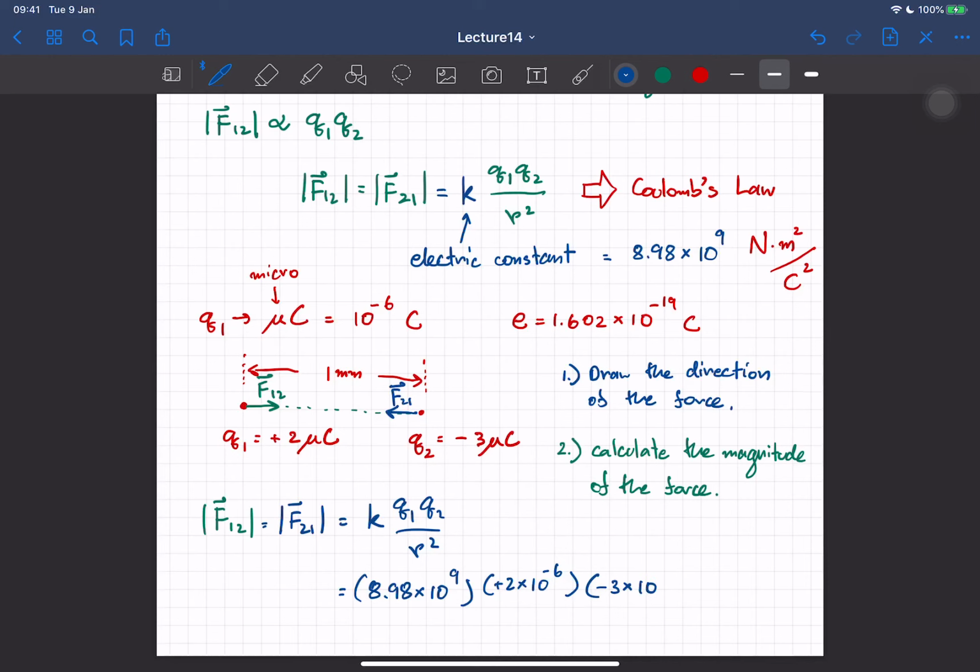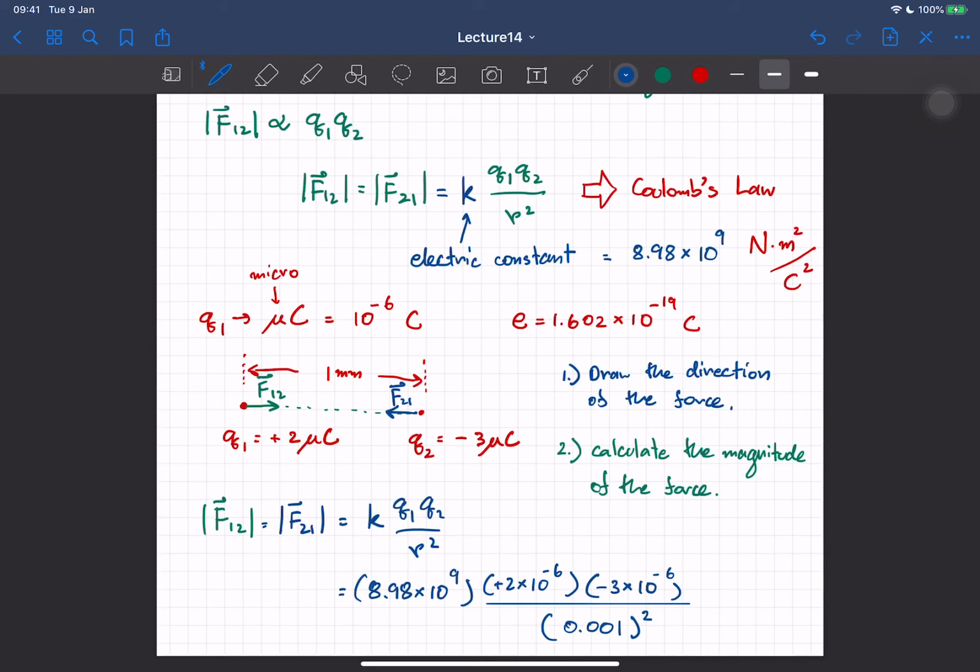You can leave the negative sign in, but in the end, we don't really care whether it's positive or negative. We only care about the magnitude. But it's good to leave it in anyway. And then you divide by the distance squared. And the distance we have is in millimeter. Again, you have to convert this to meter. And 1 millimeter is 0.001 meter, and that's going to be squared.